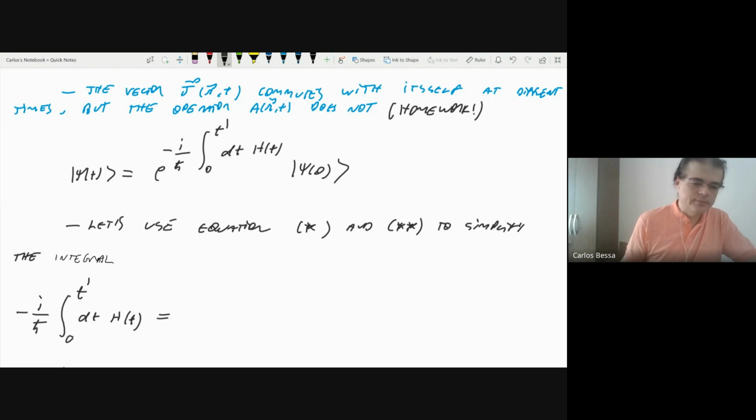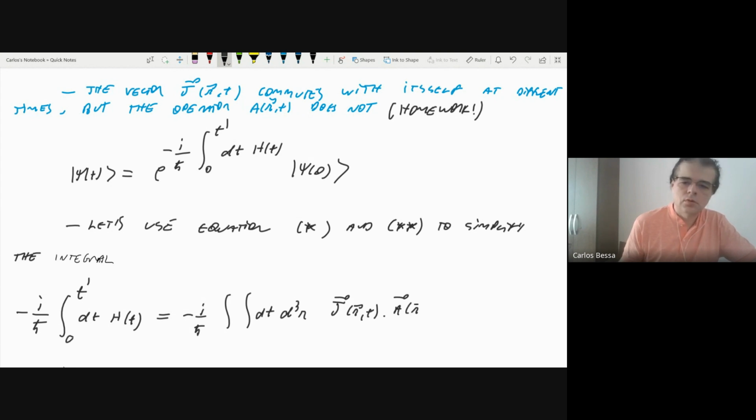Using the definition of h, this will be just minus i over h bar, the double integral d t d3r, j of r and t times A of r and t.